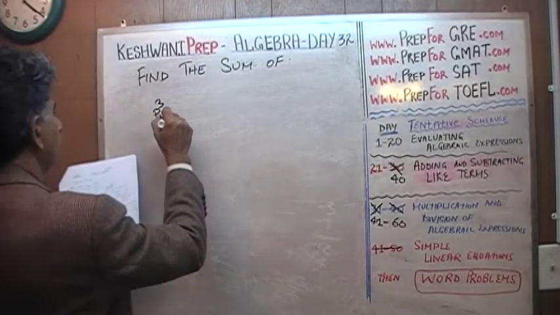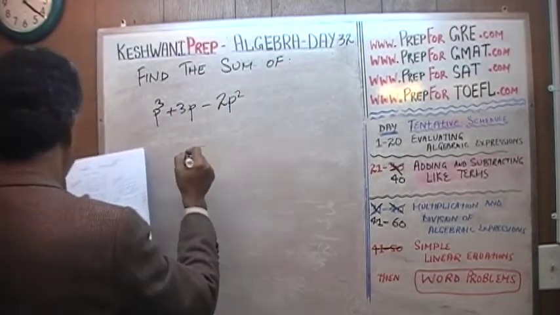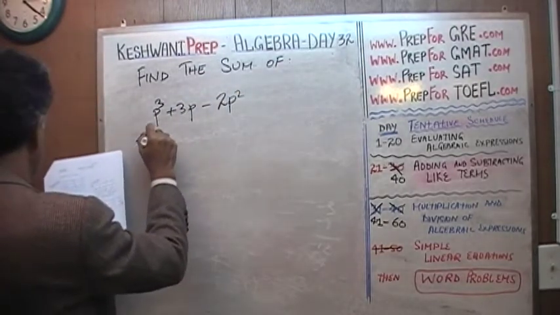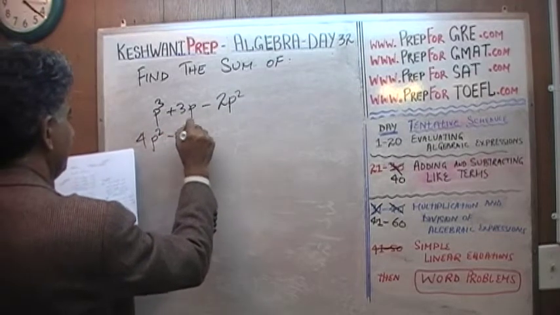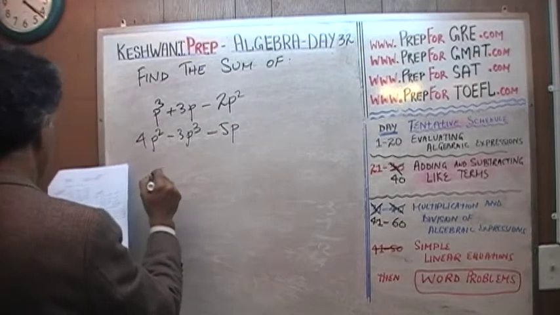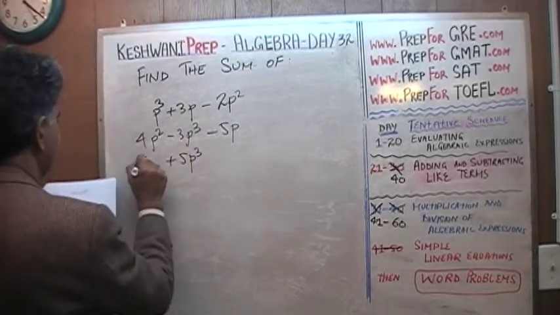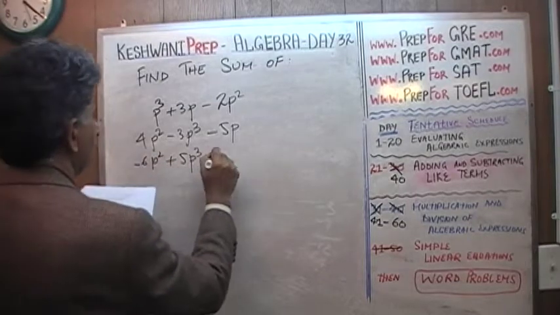P cubed plus 3p minus 2p squared, 4p squared minus 3p cubed minus 5p, 5p cubed minus 6p squared plus 7p.